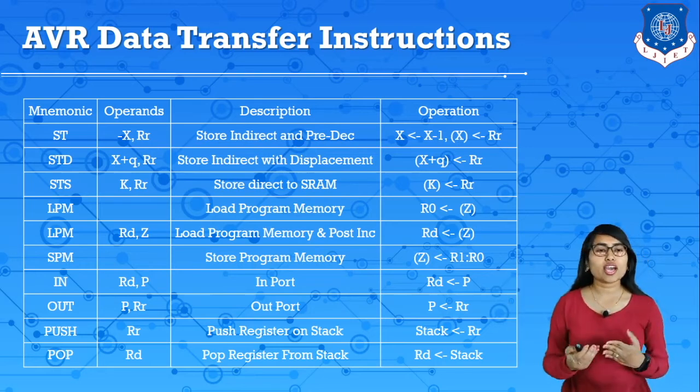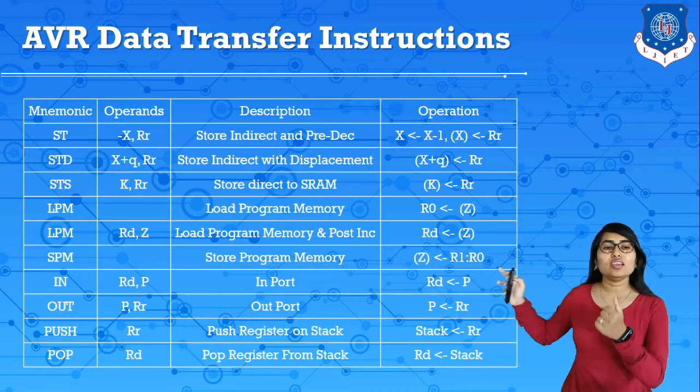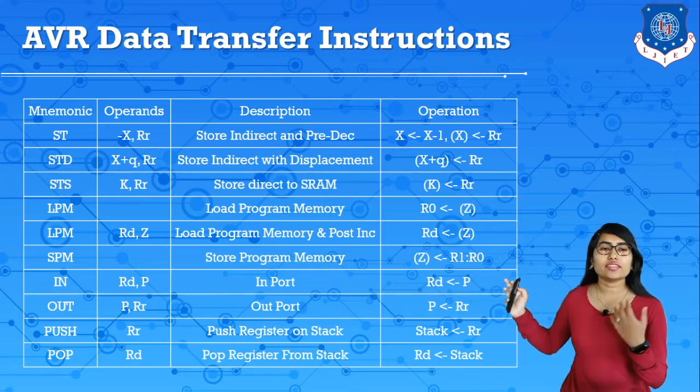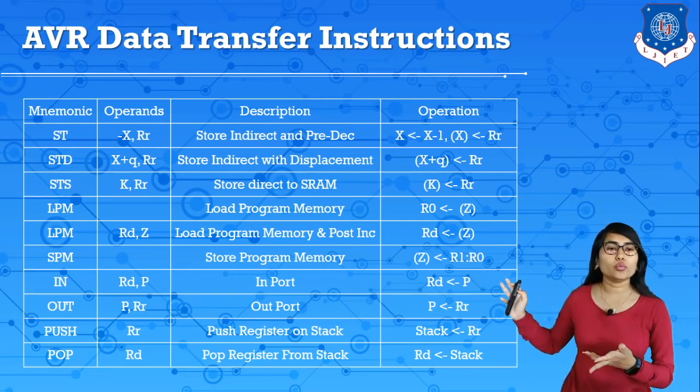Now to transfer data to input output, there are the instructions IN and OUT. So IN RD, P, where P is for port, whatever port is used. If we use ATmega32, there are ports A, B, C, D. Any of the ports is used as a bidirectional input output port.